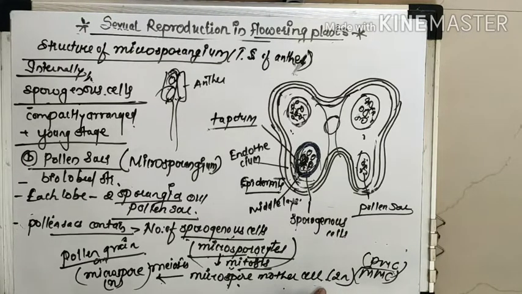Each diploid microspore mother cell undergoes meiosis to form 4 haploid microspores, and that haploid microspore is nothing but the pollen grain. So this is actually the structure of microsporangia. Okay, thank you.